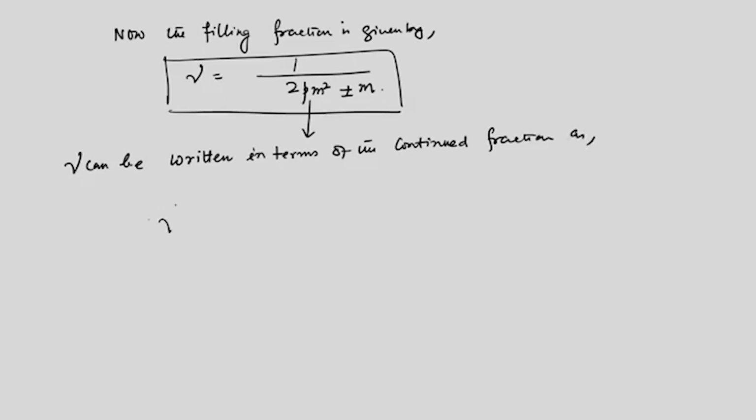So, nu is equal to 1 divided by, so this is for different values of p and different values of m, odd integer m and different values of p. So, this is equal to 1 plus m plus minus 1 divided by 2 p1 plus minus 1 divided by 2 p2 plus minus and so on and so forth.